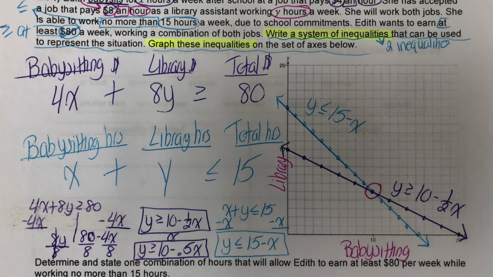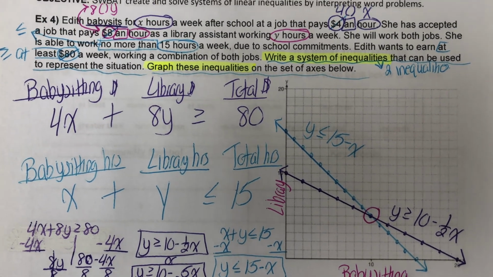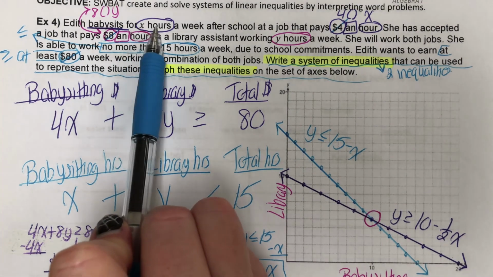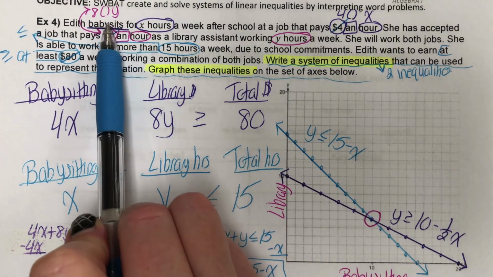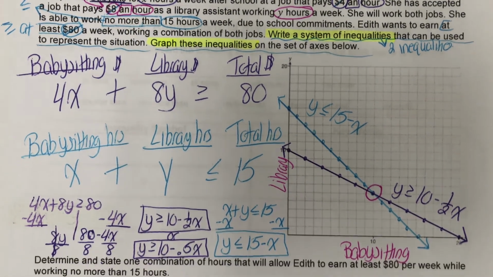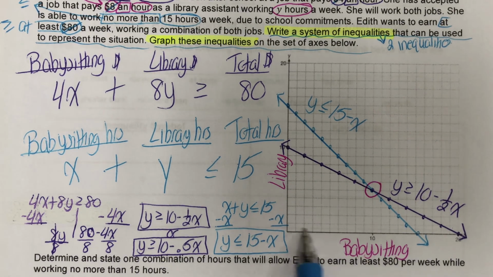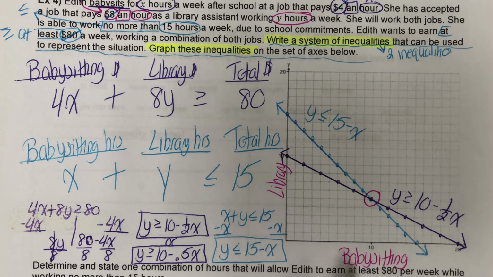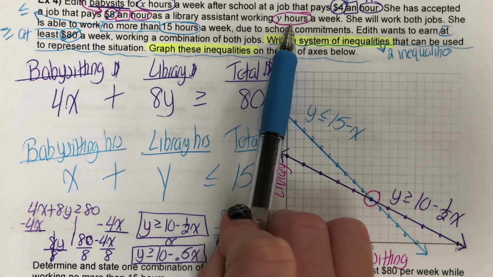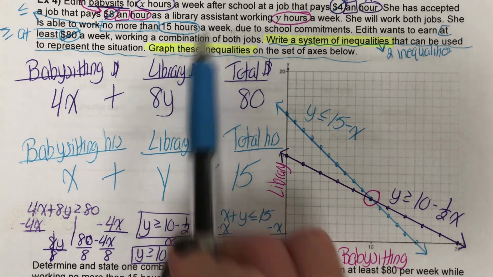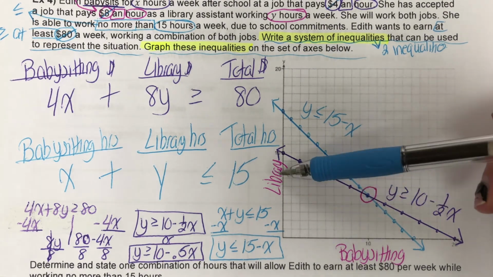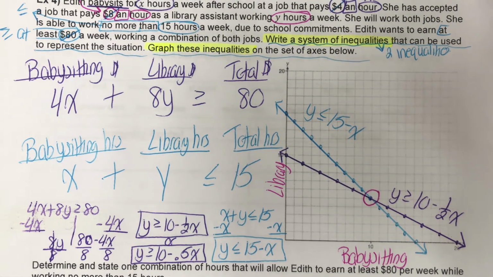If you look back at the question, they told us up top that X hours is represented by babysitting. So down below my X axis, I want to let that be represented by babysitting. Again, in the question, they told me that Y hours represents the library assistant, so my y-axis is represented by the library assistant job.